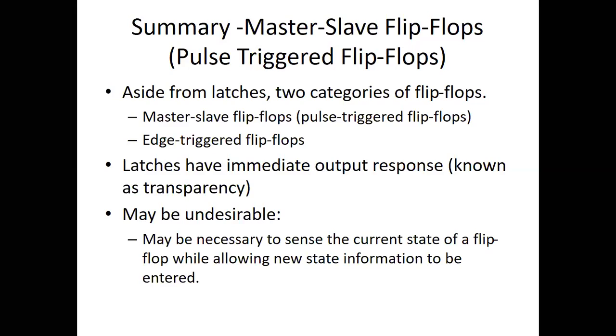Pulse triggered has positive pulse and negative pulse. Edge triggering has positive edge and negative edge. Latches are pulse triggered, and flip-flops are edge triggered. That is the best difference we can observe. Latches will have an immediate output, but flip-flops will not have an immediate output. They have to sense the current state and generate the output.